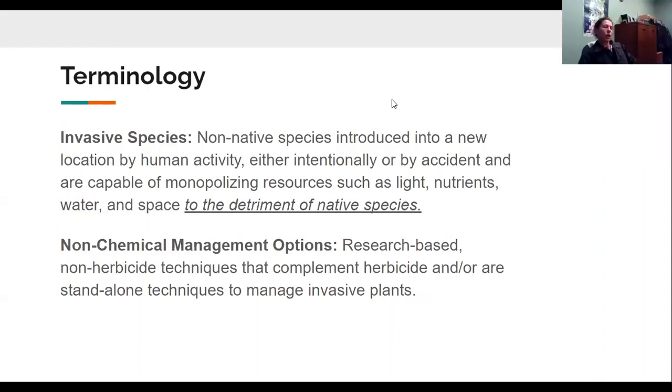Just so everyone knows what we mean when we say invasive species, we mean non-native species that were introduced into a new location, most often from a different country, by human activity, either intentionally or by accident. And they are capable of taking over habitats to the detriment of native species.